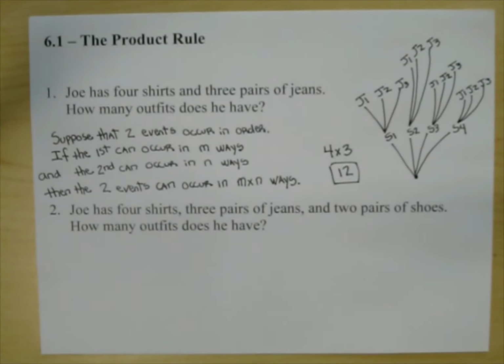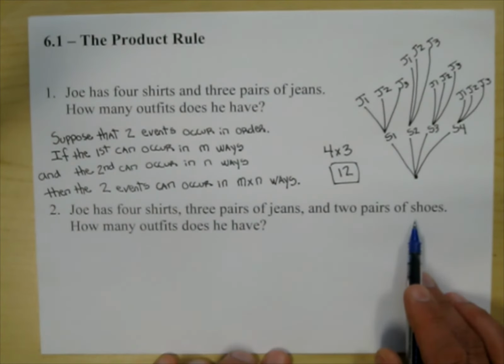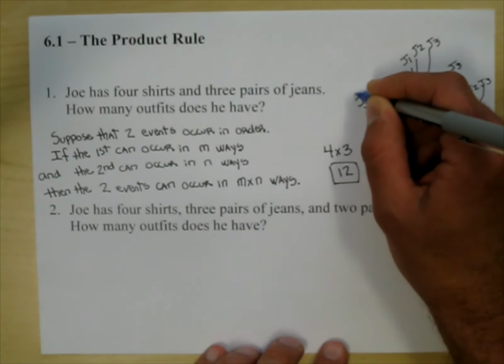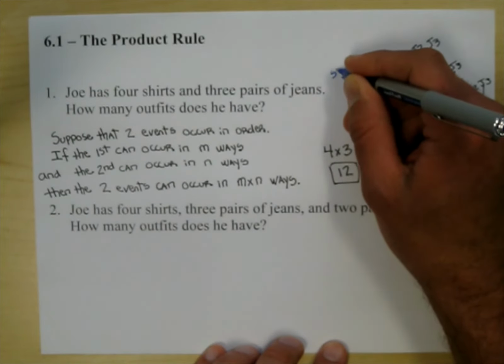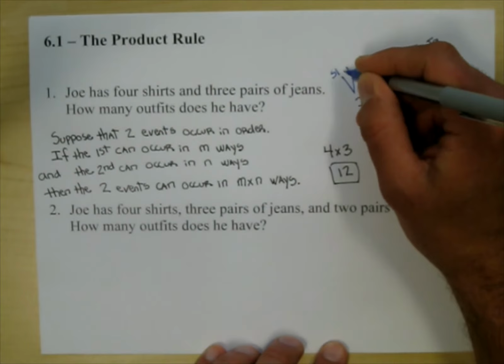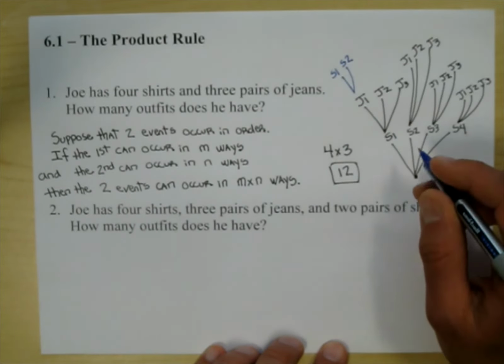Okay, so what have we done? We've added in 2 pairs of shoes. So if you're looking at this tree diagram, and I'll add this in blue, you'd have shoe 1, not to be confused with shirt 1, and pair of shoes number 2. We'll just still call it S1, S2.